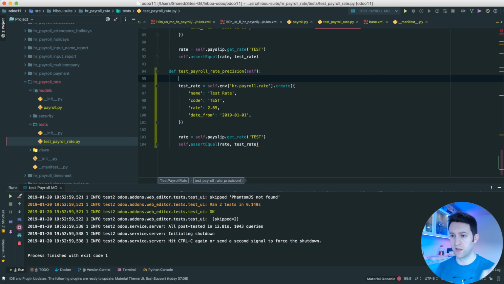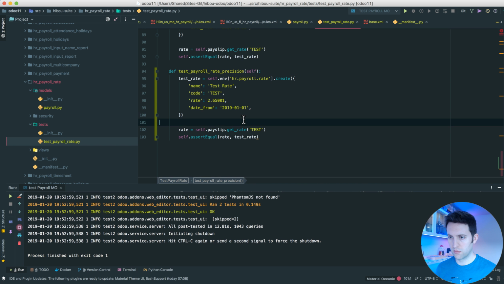Actually, test precision. Basically, just store at least 4 or 5 digits of precision, like that, and then make sure that they are equal, or at least very, very close. So what we'll do is we'll take our rate and multiply it.